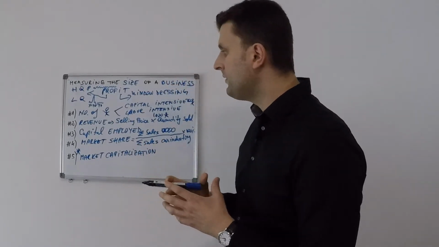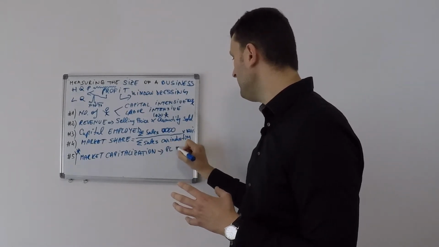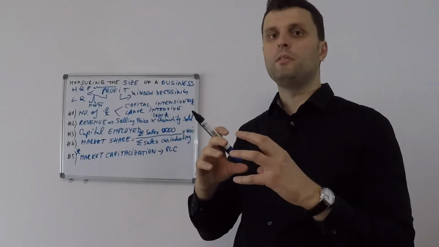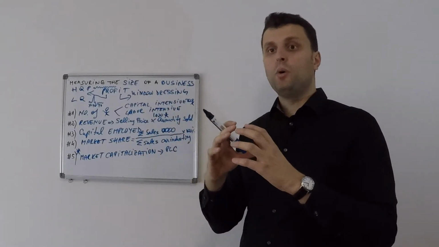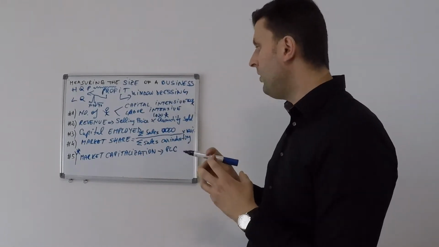And why do I say that only PLCs? So this is valid only for PLCs. We have a previous lesson in which we discussed the concept of PLCs. What does it involve? So PLCs listed on the stock market because it involves shares.